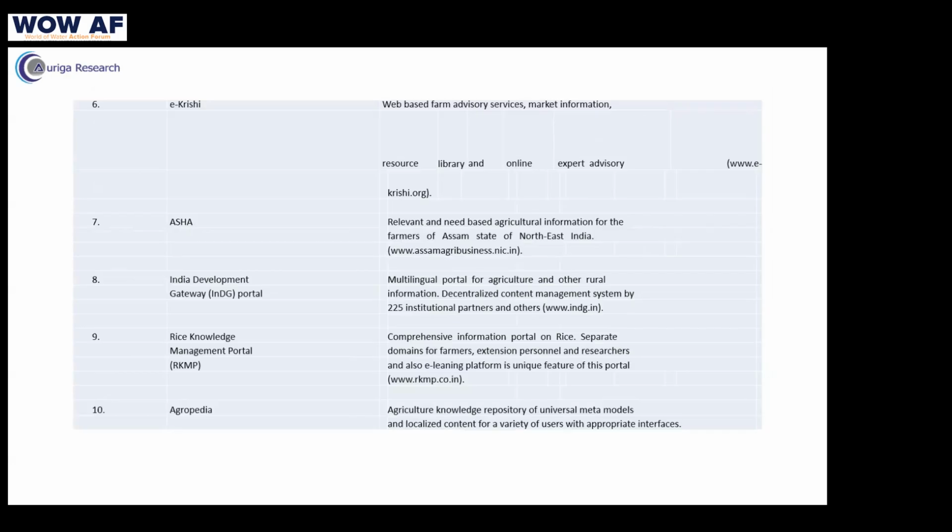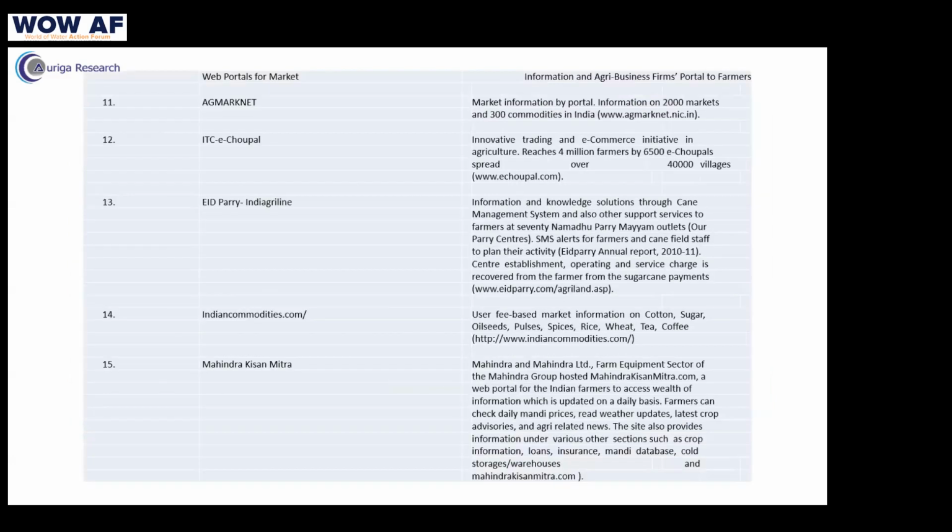Then we have certain portals like the Rice Knowledge Management Portal, where a lot of data are available. Then Mahindra Kisan Mitra is one such web portal. Then similarly, we have the IFFCO Agri Portal.